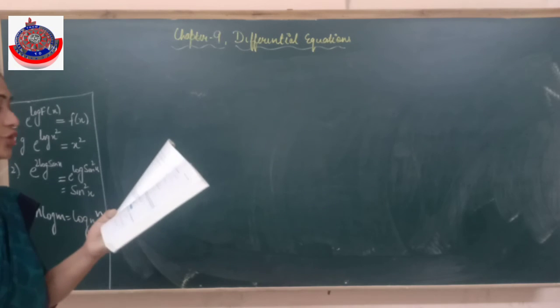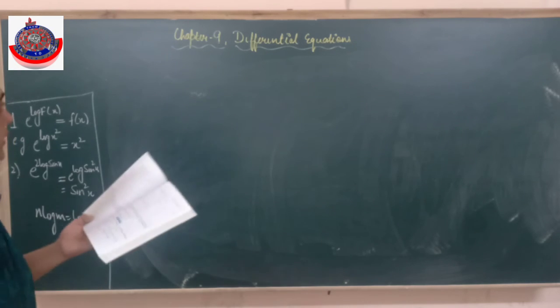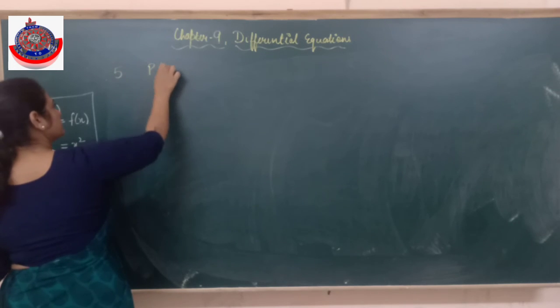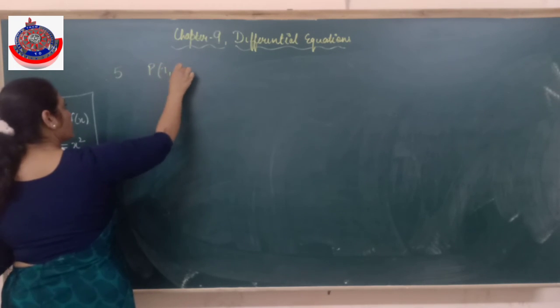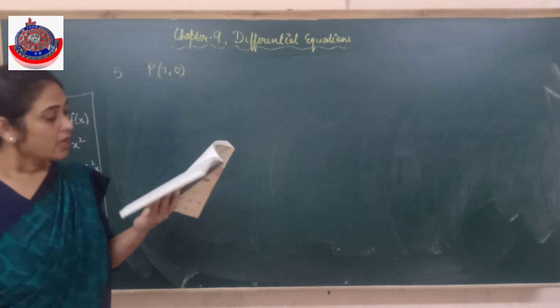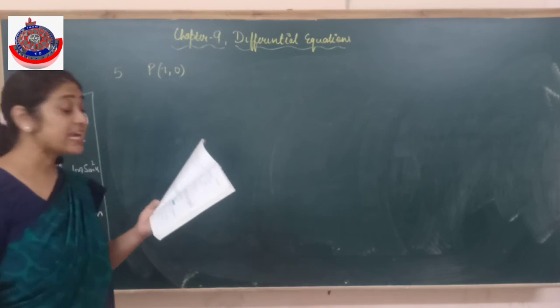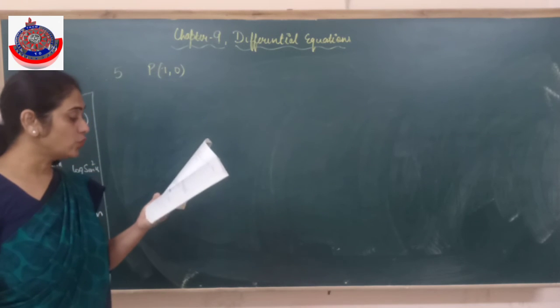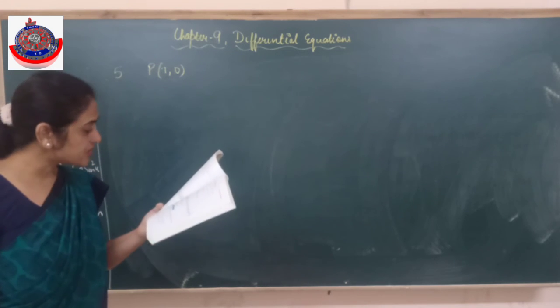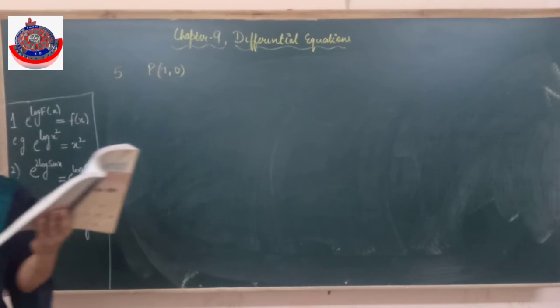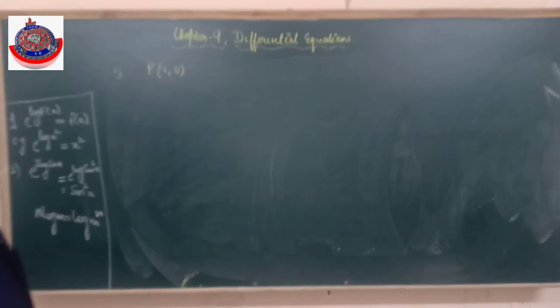It says find the equation of a curve passing through the point 1, 0. If the slope of the tangent to the curve at any point xy is equal to the sum of x coordinate and the product of x coordinate and y coordinate of that point.